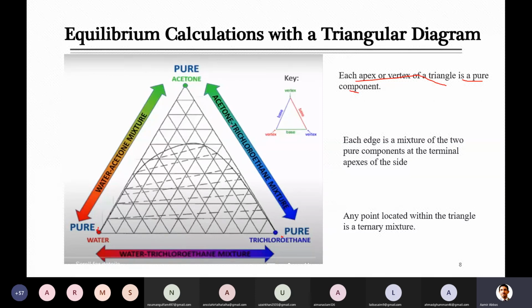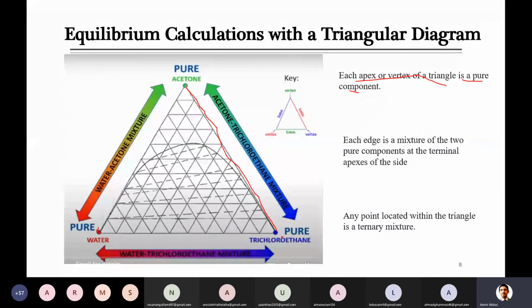When you look at the edge of any of these triangles, an edge is one side of the triangle. This is one edge, then a second edge, and the third edge.